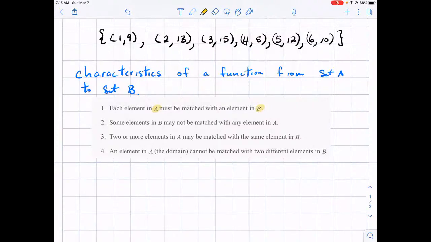Some elements in B may not be matched with any elements in A. Two or more elements in A may be matched with the same element in B. An element in A cannot, and this is very important, cannot, okay, be matched with two different elements in B. So those are some of the conditions or characteristics of function from A to B.